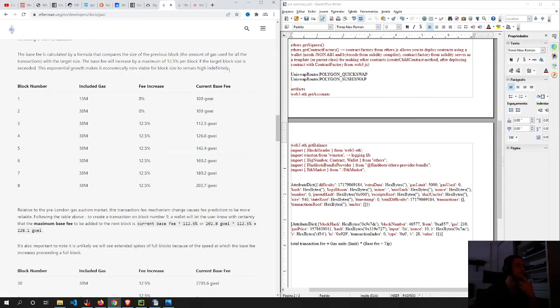If I understand this correctly. So it's like inflation as well, where you have this balance, kind of like a wave, depending on supply and demand.